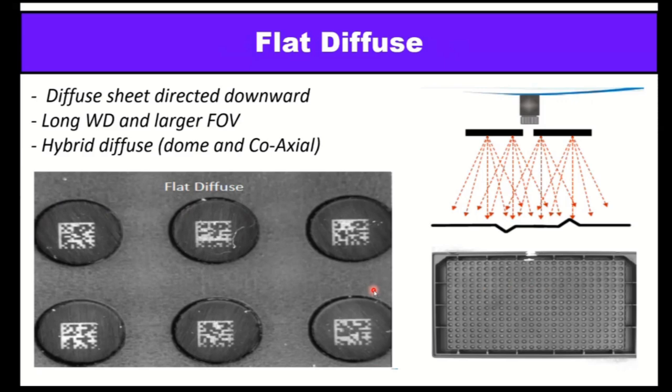So quick detection is required. Very fast decisions are to be taken, whether an object is present or absent, and other measurements. So a wider view is required. So we enhance diffusion. We have hybrid diffusion, that is coaxial and dome, but the dome will have more sight and more light sources, so a larger area will be covered.